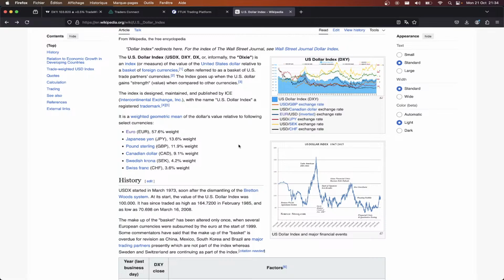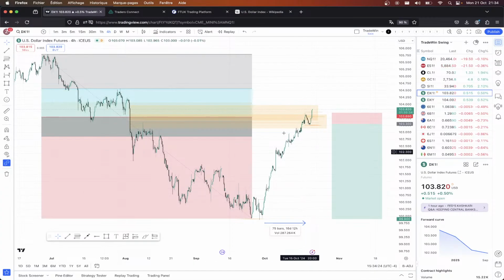So for me, it makes no sense to enter a trade in one direction on the Canadian dollar when I know that the US dollar index is still not at a reversal point. Okay, to make it clear, I'm waiting for this dollar index to bounce back before entering any long here in EURUSD, GBPUSD, AUDUSD, CADUSD, etc.